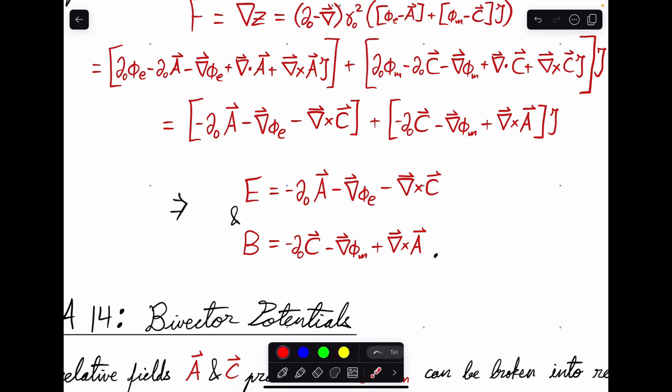And these should actually look similar to Maxwell's equations, and that's just because of the geometry of spacetime. That's just the way that these objects change.